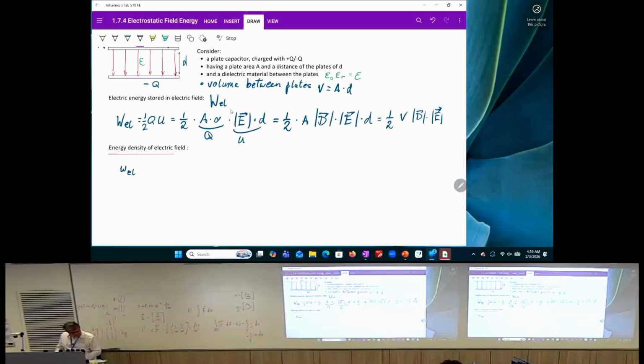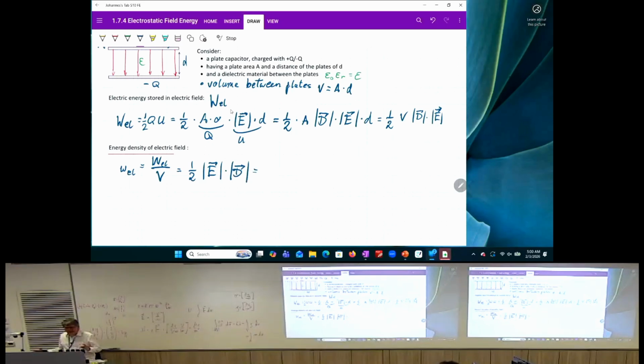This before was a capital W. That is obtained as the capital W, the energy of the electric field, divided by the volume. And you see that immediately we have here 1/2 times volume times flux density times electric field. So we divide it by the volume. What remains is 1/2 times electric field times electric flux density.